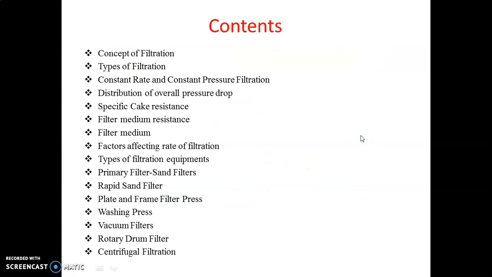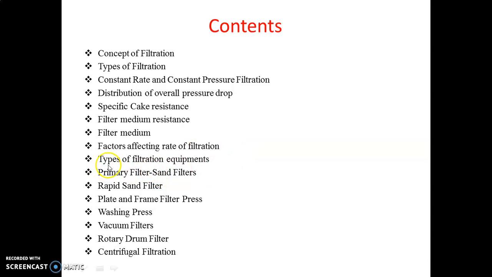In the last lecture, we discussed the equation for cake filtration, then filter medium. We discussed the characteristics of the filter medium, and then the factors affecting the rate of filtration.